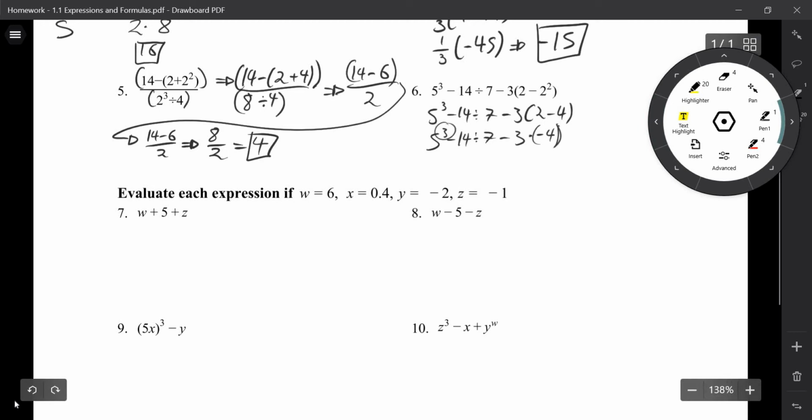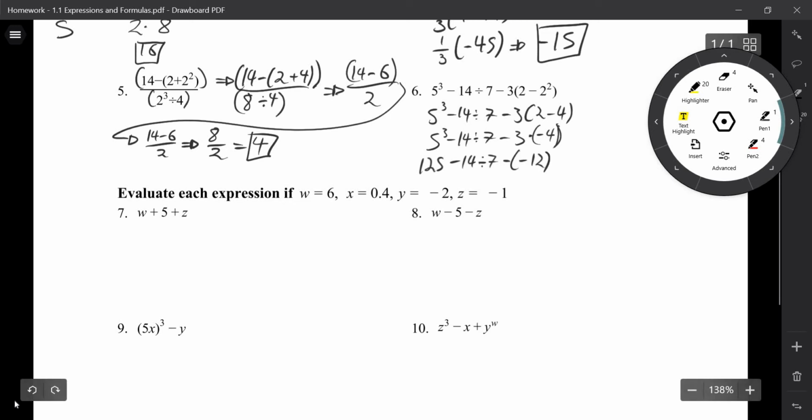So let's deal with this exponent out here in the front. 5 to the third: 5 times 5 is 25, and 25 times 5 is 125, minus 14 divided by 7, minus 3 times negative 4. So 3 times negative 4 is going to give us negative 12.